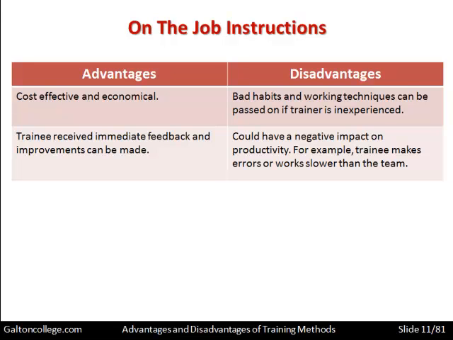If the job is part of a long process with various stages, and the trainee makes a mistake on one of the stages, then perhaps the whole job will be held up, will be slowed down as a consequence of the trainee. So there is a problem about having a trainee learning on the job, that it could slow down the whole process of work, and there could be a loss of productivity as a consequence.